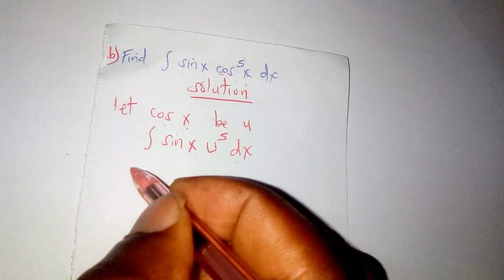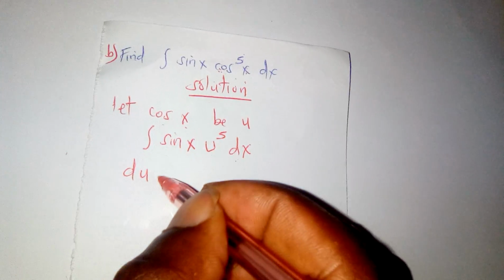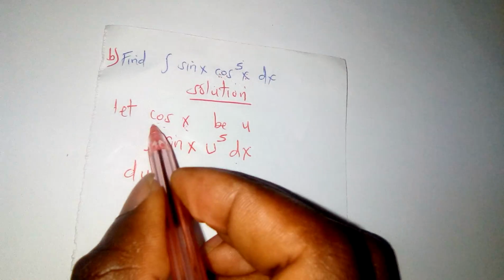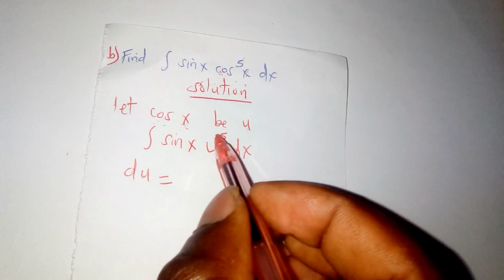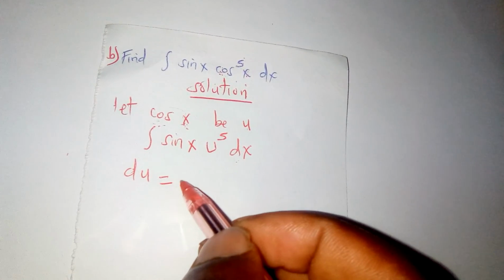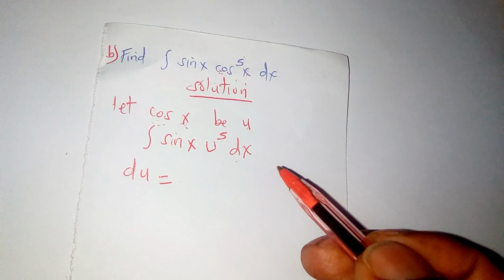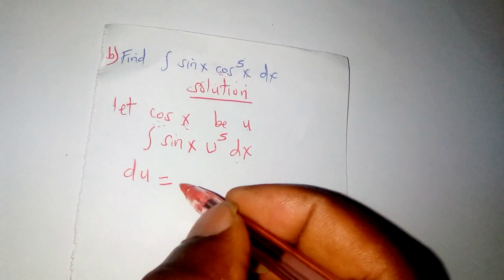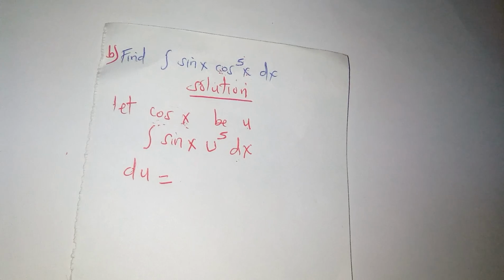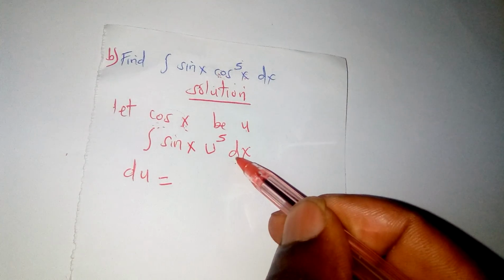I'll come here and write du. I differentiate cos x, because when I have cos x equals u, when I differentiate cos x, I'll have negative sine x dx, and that will enable me to remain with the dx on one side, so that I can substitute it here.